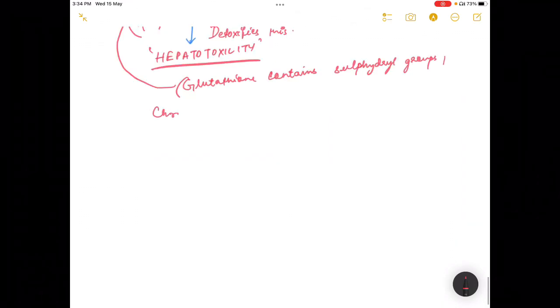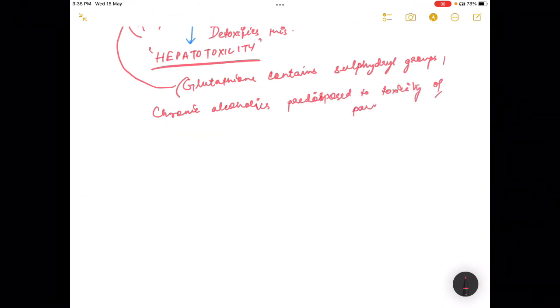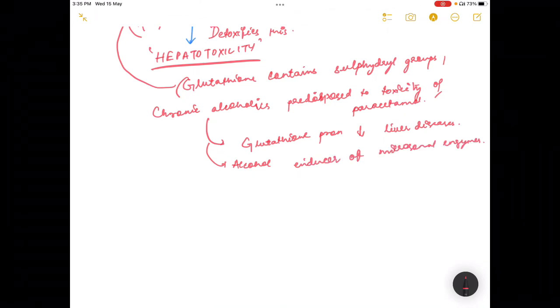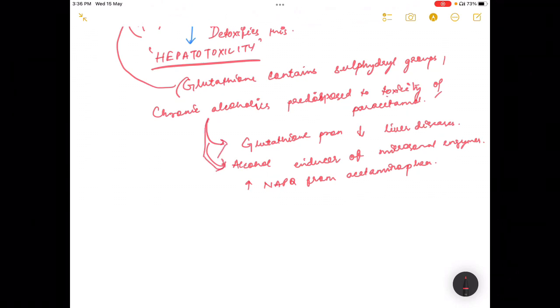However, chronic alcoholics are predisposed to toxicity of paracetamol. Why? Because in chronic alcoholics the glutathione production decreases due to liver diseases. Secondly, alcohol, as we all know, is an inducer of microsomal enzymes and it increases the production of NAPQI from acetaminophen. So in chronic alcoholics, the toxicity of paracetamol increases.